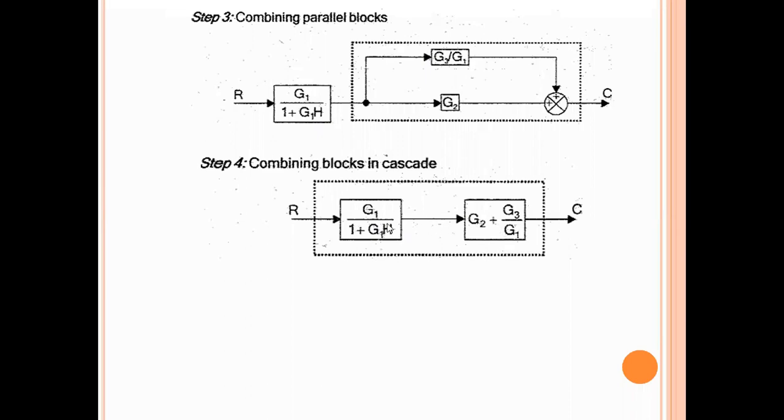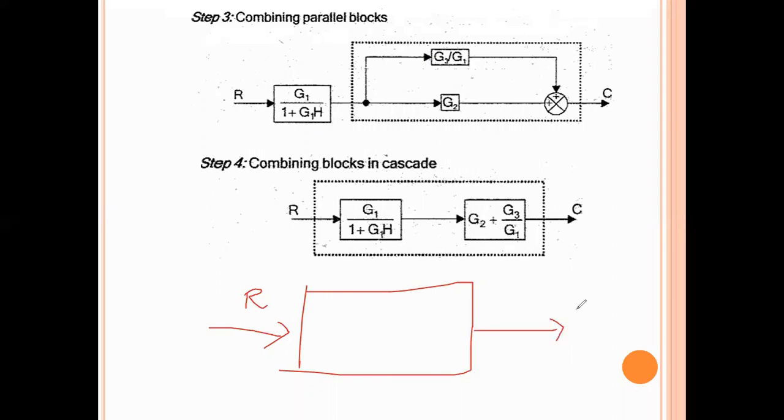Again, what will be the resultant output? The resultant block will have the input R, and here we will get a simple block, and the output is C. This block will be the product of these two blocks, according to rule 1.